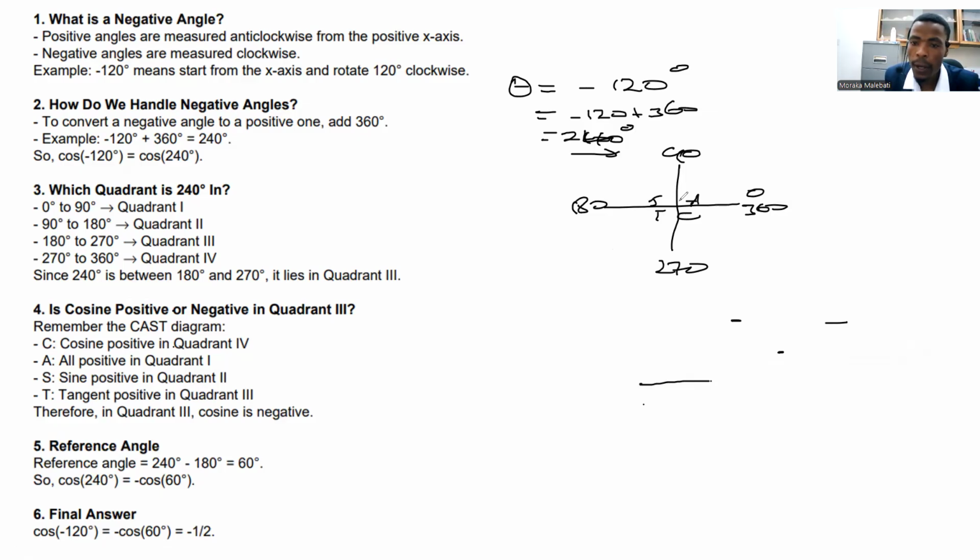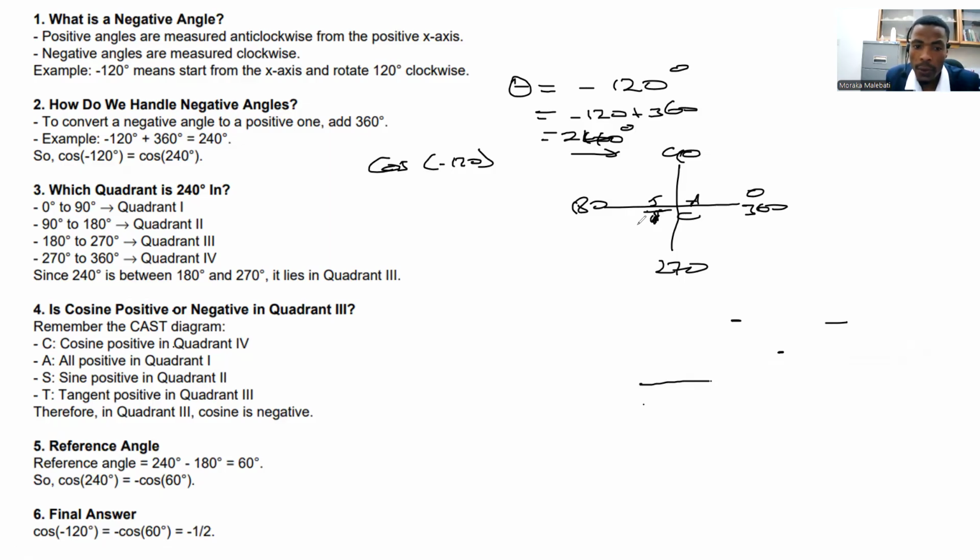In the third quadrant, my tan is positive, but what are we given? Cos in this case. So we say cos of negative 120. We know our cosine will be negative in this quadrant, right?